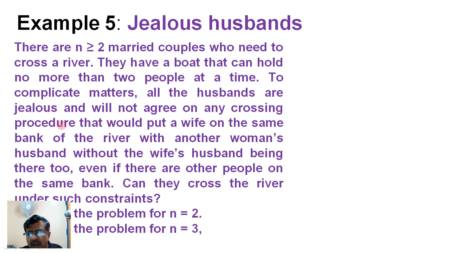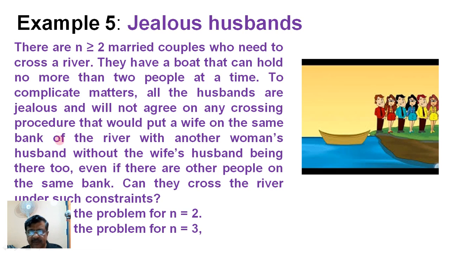There is yet another, very interesting problem. This problem is called jealous husbands. There are n couples, n greater than or equal to 2 married couples, who need to cross a river. They have a boat that can hold no more than 2 people at a time.